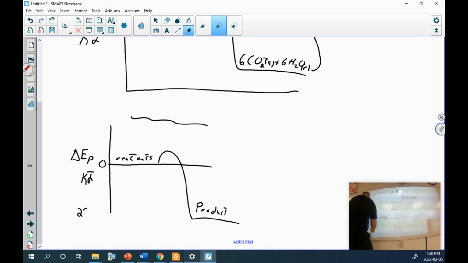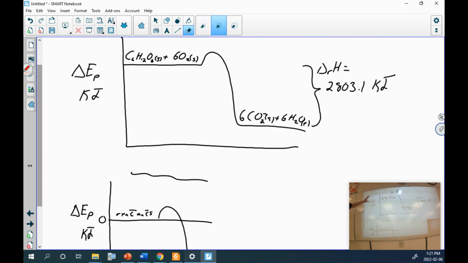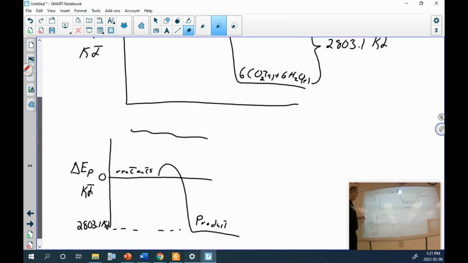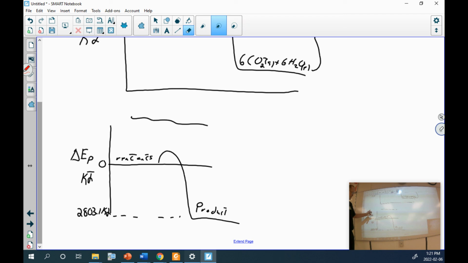This would be 2,803.1 kilojoules, so that comes across to there. So 2 different ways of writing it where we don't have any scale here. And if we do have a scale, it's just generally our 0 and then wherever we're going. Sometimes, if I do the reaction, I might put an energy there for readings later on, but that's generally all it is.